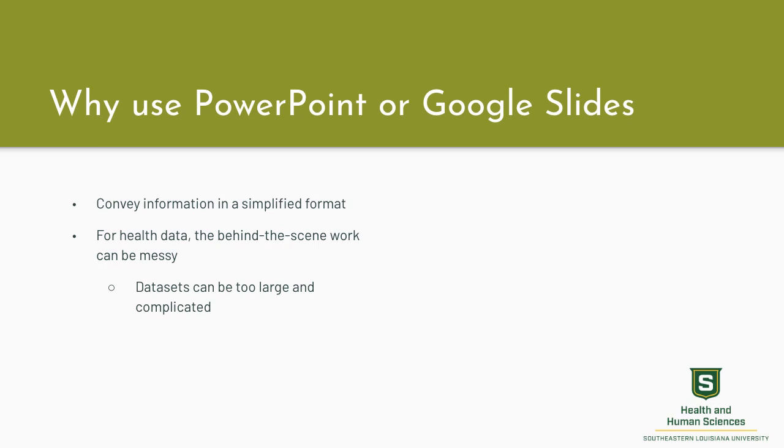If you're working with Medicare or Medicaid, or pulling data from electronic health records, you're going to be dealing in thousands and hundreds of thousands of records. It is not going to be easy for someone who has not received any kind of training to make any sense out of it.